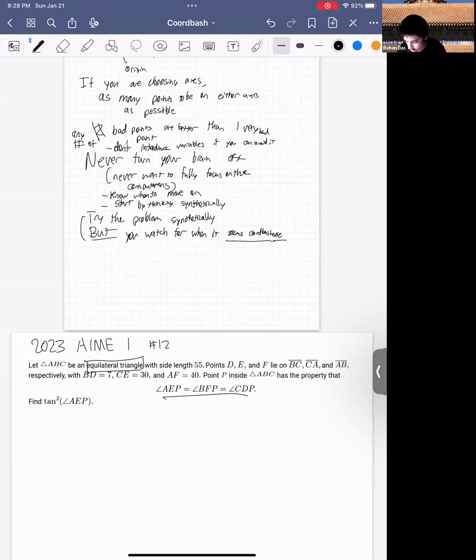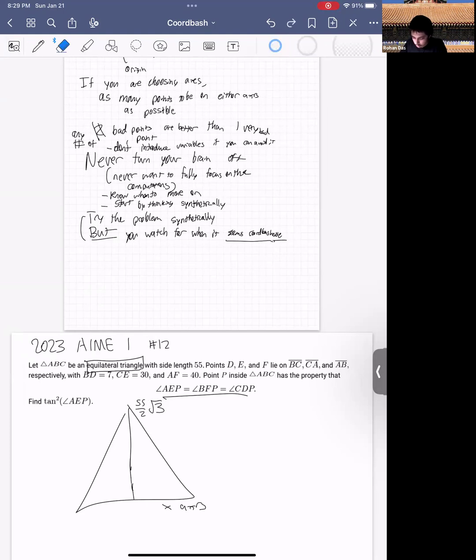So we have an angle condition, but we do have an equilateral triangle. One thing to mention about the equilateral triangle is that we will have a square root in it, because if we think about it as this is the x-axis, then this height is 55 over 2 times the square root of 3, and this is an ugly number.